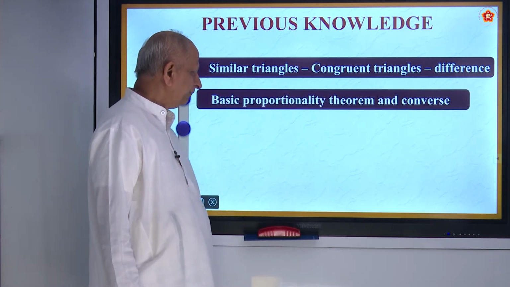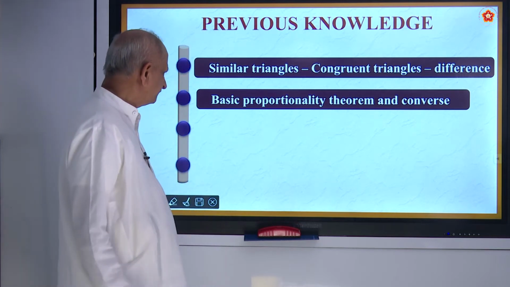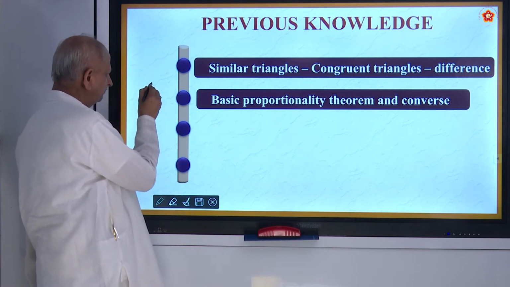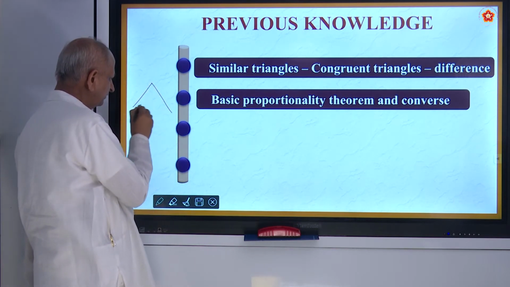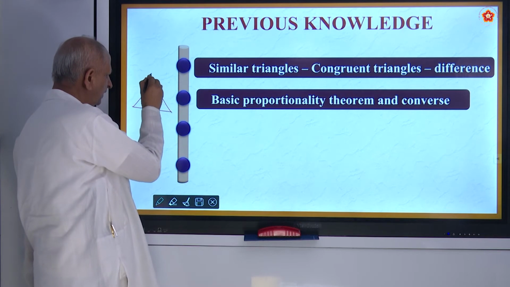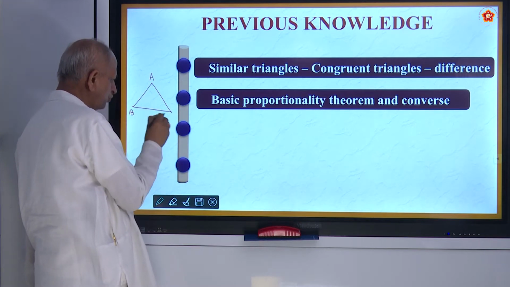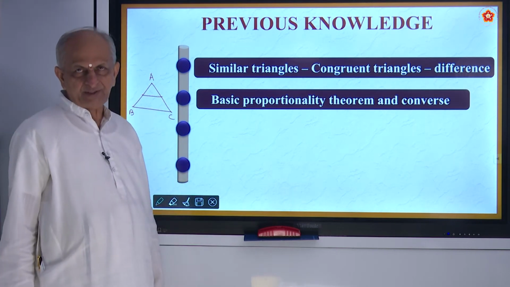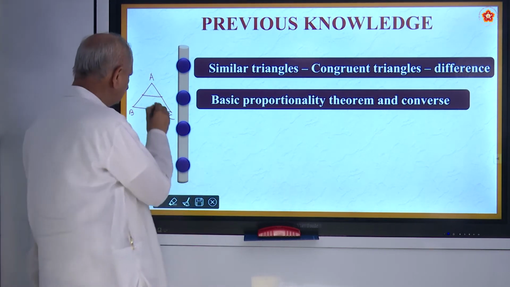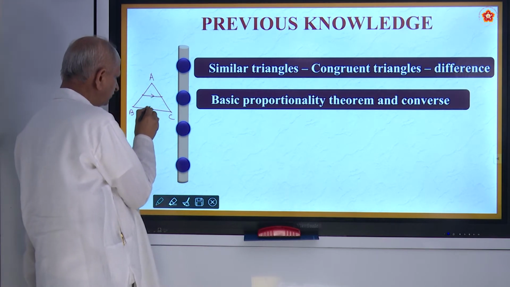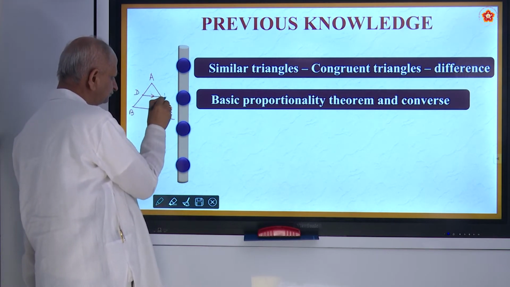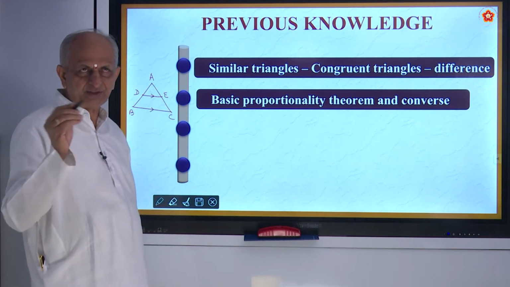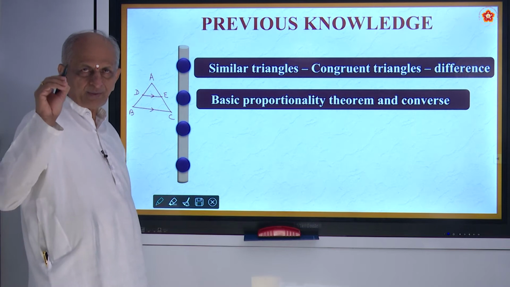And also you have seen the basic proportionality theorem, also called Thales theorem. What does the theorem say? In a given triangle, if a line is drawn parallel to the base, then that line divides the other two sides proportionally.